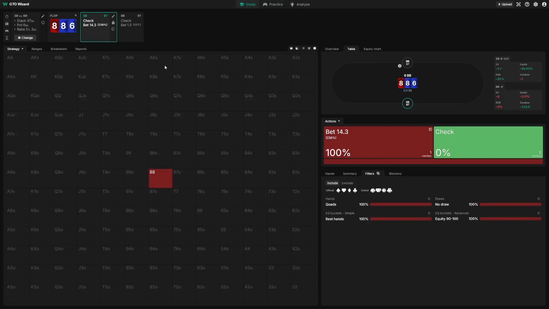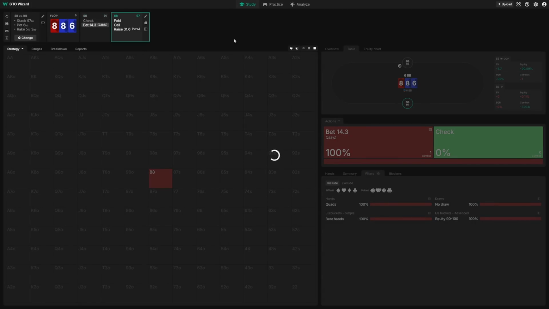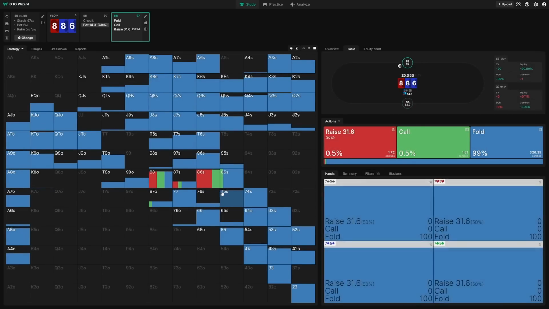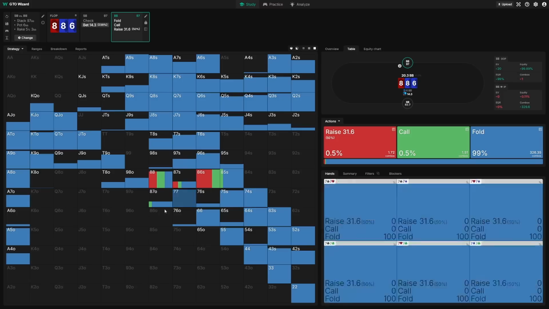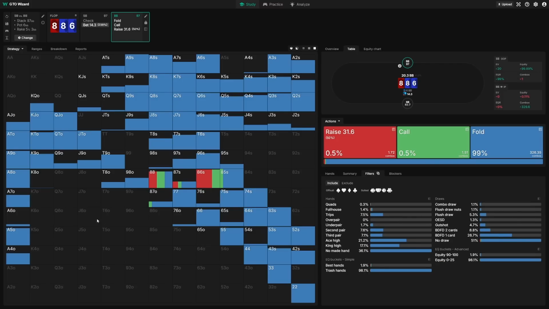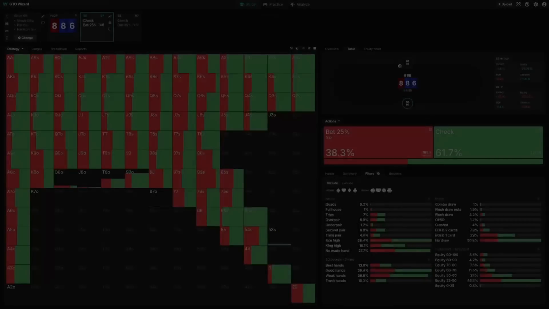It's like flopping quads and just showing your opponent immediately. And of course you bet and they just fold everything. They can't actually have these hands. We block them, but you get the point, right? This is why you need to represent an entire range of beliefs in a solver. You can't just plug in a single hand because you have to model the beliefs about all of the different hands that could have gotten there.